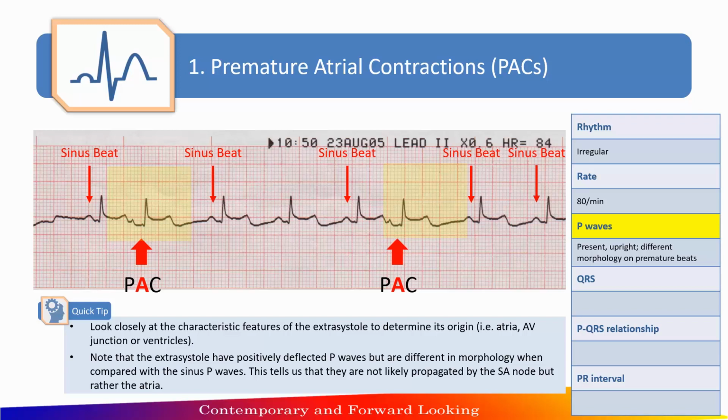Lastly, they can't be from the ventricles because rhythms originating from the ventricles will have a widened and bizarre QRS. As such, we can conclude that these two ectopics here are indeed premature atrial contractions or PACs.